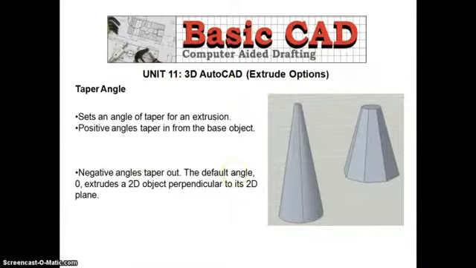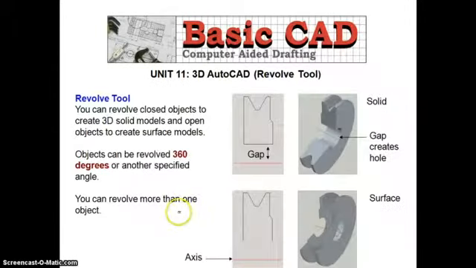Taper angle. In some complex objects, we need to give a taper between two surfaces of the solid. You can see here the taper angle in a cylinder and in a pyramid. Revolve tool. Some axis-symmetric objects can be generated using the revolve tool.